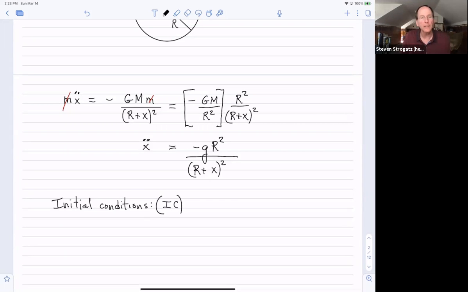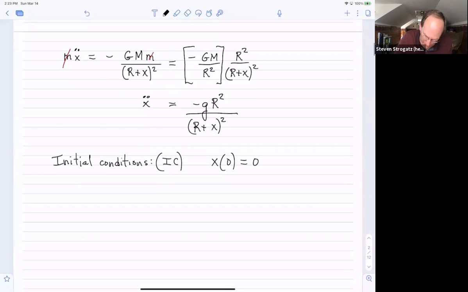The initial conditions would be that at time 0, let's start the clock when we release the rocket, launch the rocket. So x at time 0 would be 0. It's on the surface of the Earth. But what about its initial velocity? Well, of course, that's not 0 because we're blasting off, we're firing straight up. So let's call that some parameter V0, the initial velocity.